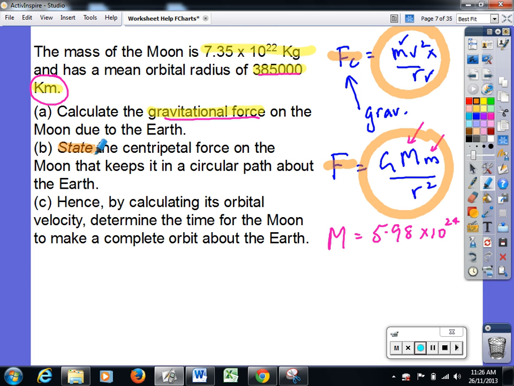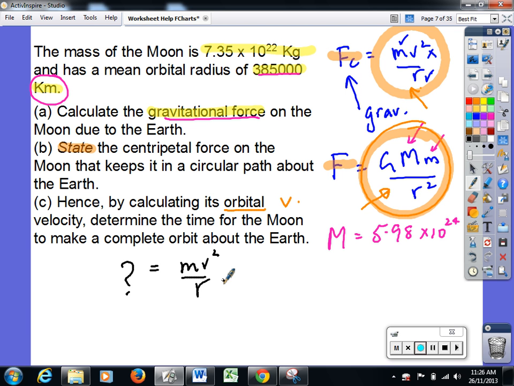Now that we know that this value here that we have just calculated is equal to this value here, we can now calculate the orbital velocity, which is v, using that formula. So the value that we got a few moments ago, which I'll put as a question mark, now equals mv squared on r.